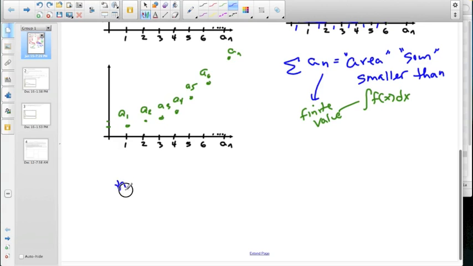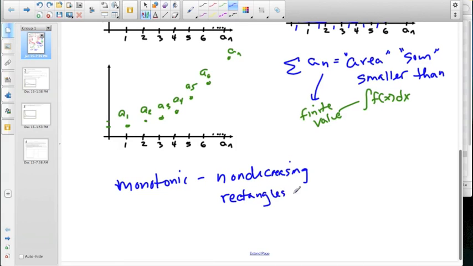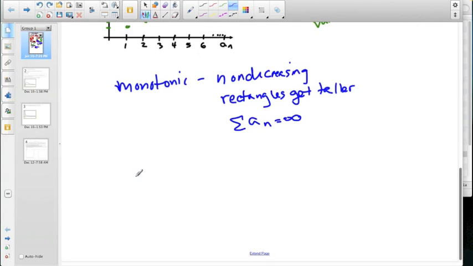And so for our monotonic non-decreasing, since those rectangles are getting taller and taller, we know that the sum must be infinite, because all we're doing is adding more taller and taller rectangles.